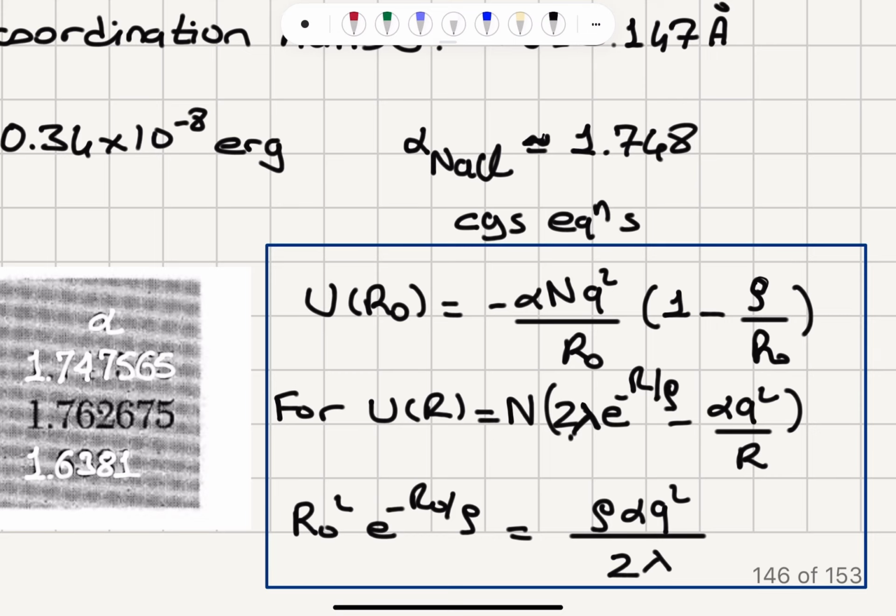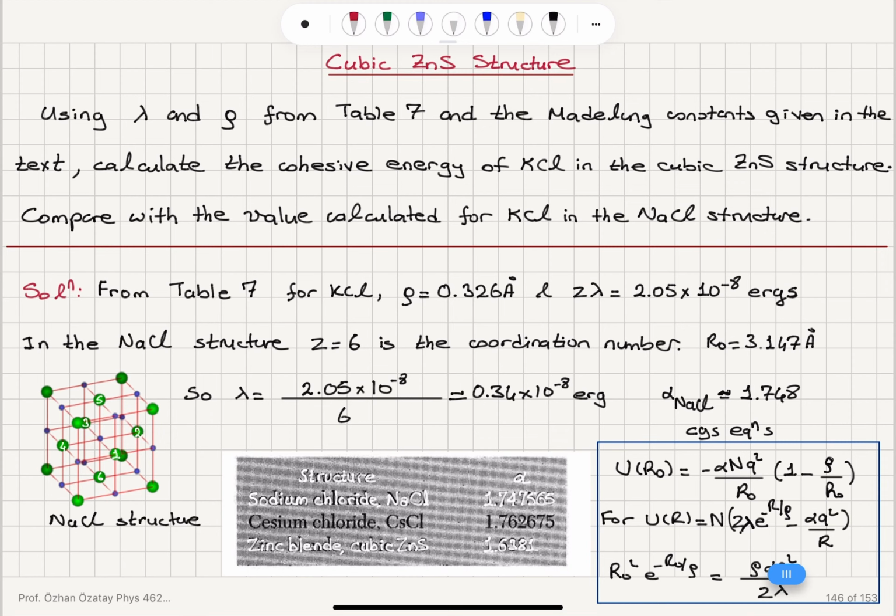And we know that from dU/dR evaluated at R0 equals 0, we obtained this equation: R0 squared e to the minus R0 over rho is rho alpha Q squared over Z lambda. Since we have derived this equation before, we're just using this result for this calculation.